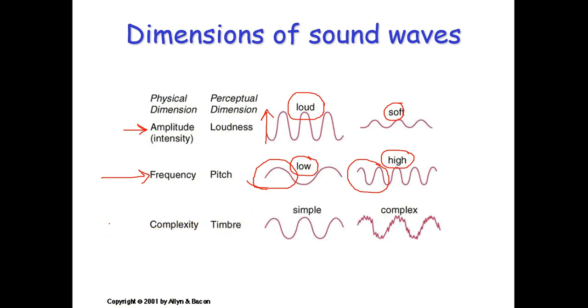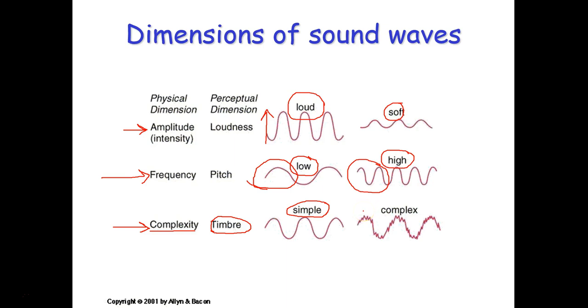Most sounds we hear are not in their cleanest form. So most sound we hear has some element of complexity to it, and we perceive it as timbre. So most sound is not simple to us, although it can be. So for example, my voice is distorting the sound waves in your ear, but my voice is not simple.